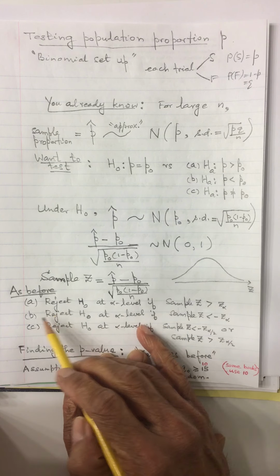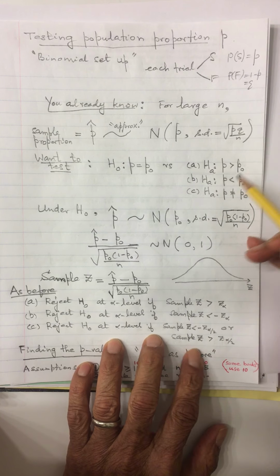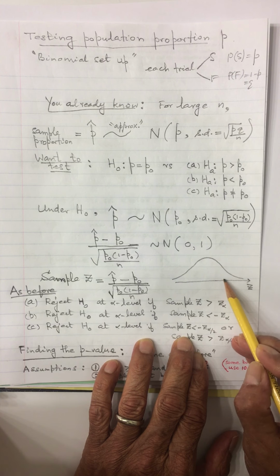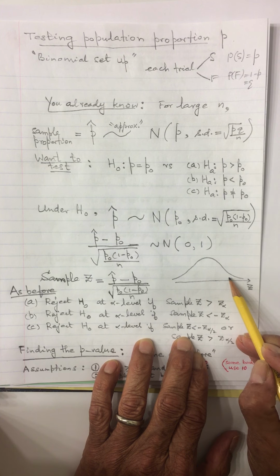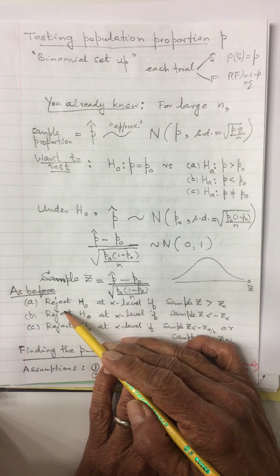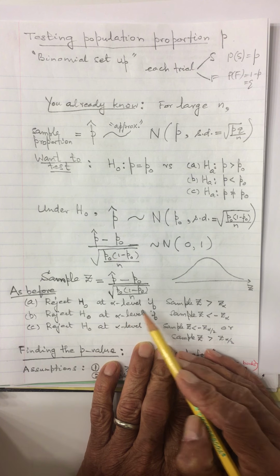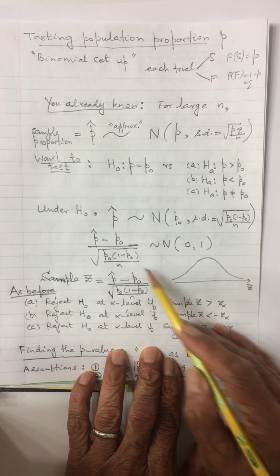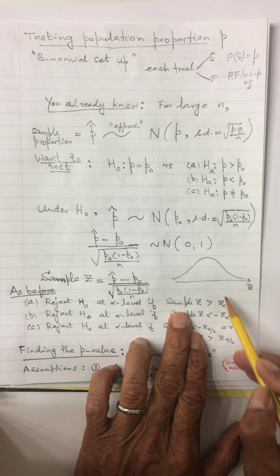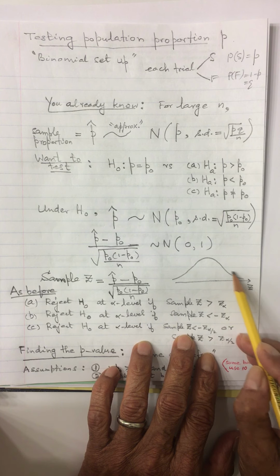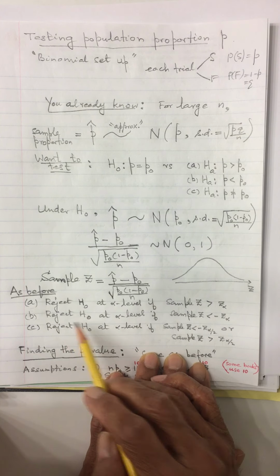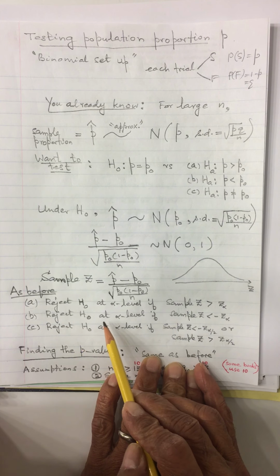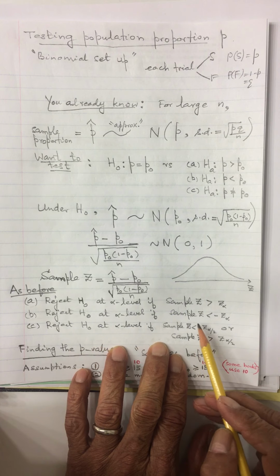At alpha level, if you're dealing with part A, you have only one rejection region. You put the whole alpha into one side. You reject H naught and accept HA at alpha level if the sample Z is bigger than the cutoff, Z alpha.